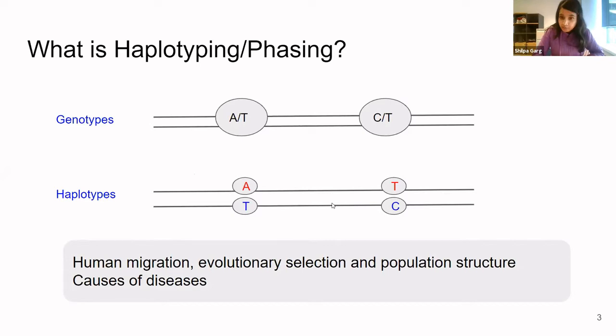But what you actually want are the haplotypes, which means A and T are connected on the same copy and T and C are connected on a different copy. The process of obtaining these haplotypes is known as haplotyping or phasing. It has several applications. It can be used to study human migration, evolutionary selection, and population structures. And it is also effective to understand the causes of diseases.